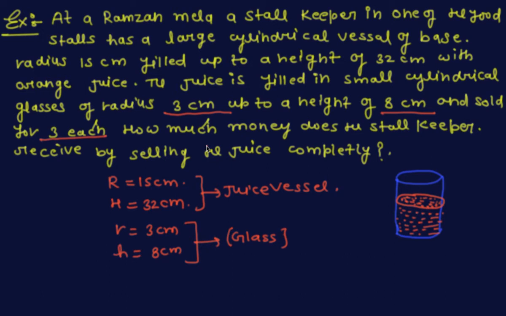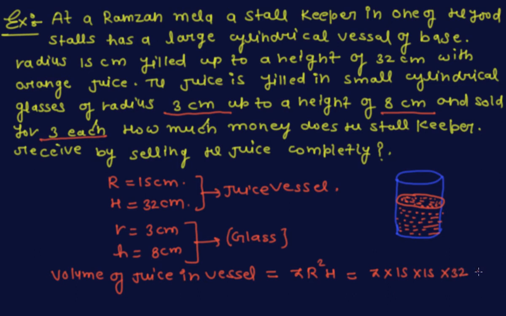First we find how much juice is contained in this vessel. The volume of juice in the vessel is pi R square H, which is equal to pi into 15 into 15 into 32 centimeter cube.